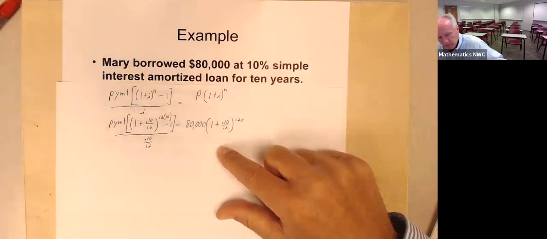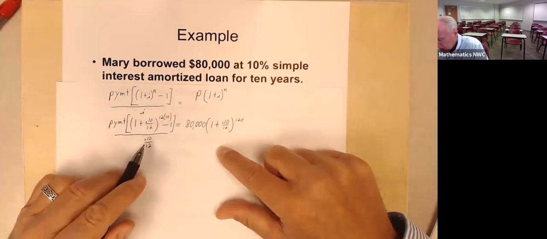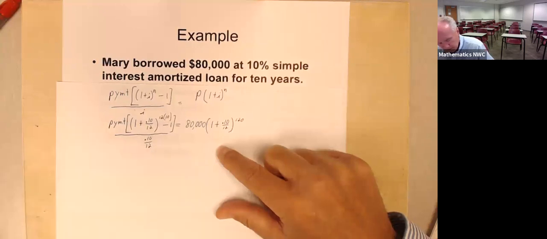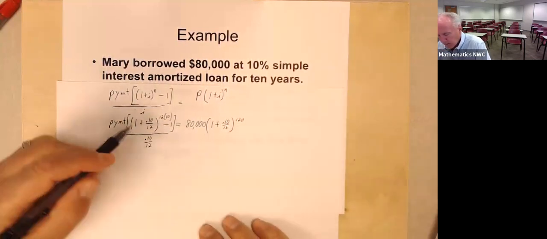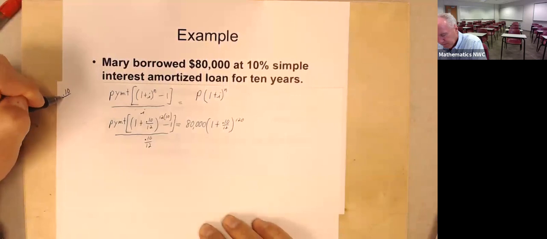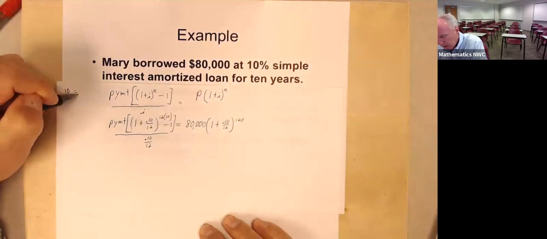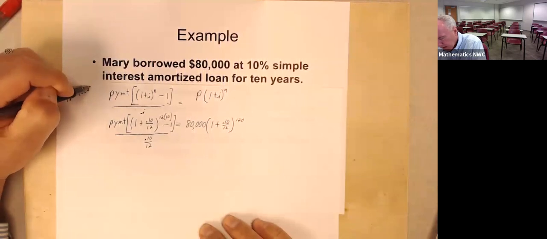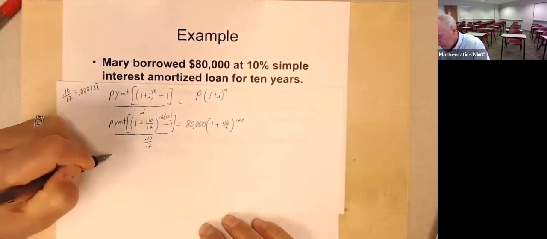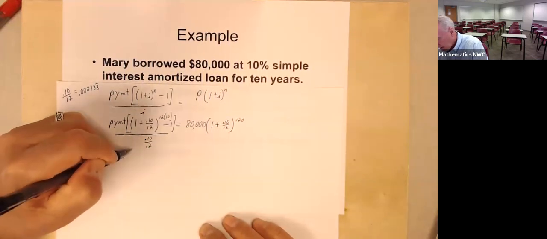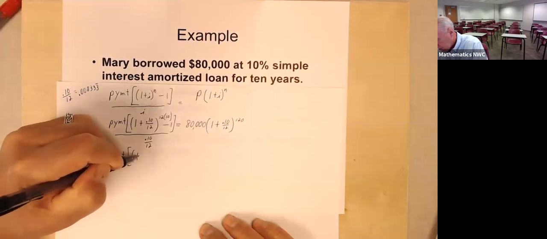Again, for calculator purposes, I think sometimes it's easier to calculate this fraction if you're not really comfortable with the calculator. Calculate that amount first, and then write that amount in for all of those. If you do that division, it turns out to be 0.00833 repeating. I'm just going to rewrite that in here for some of you if the calculator exercise is kind of a challenge.